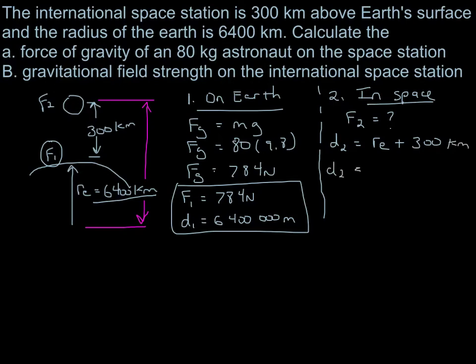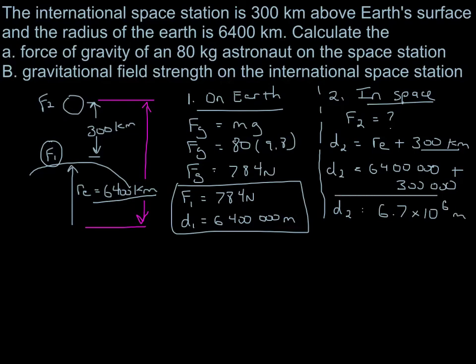D2 then is 6,400,000 plus this 300 kilometers, which is 300,000 meters. Okay, so D2, let's use some scientific notation here, 6.7 times 10 to the 6 meters.